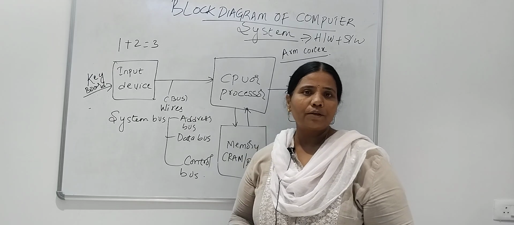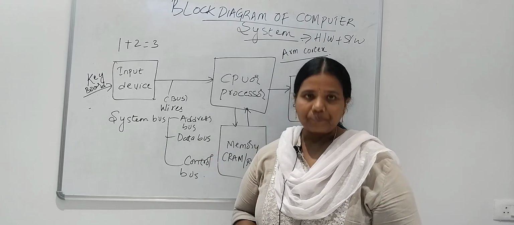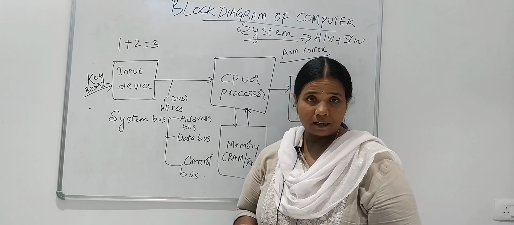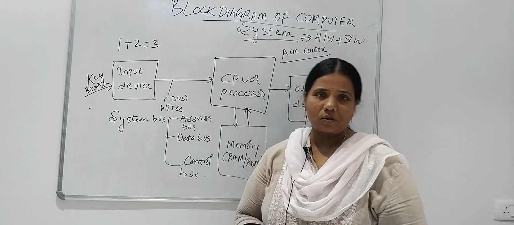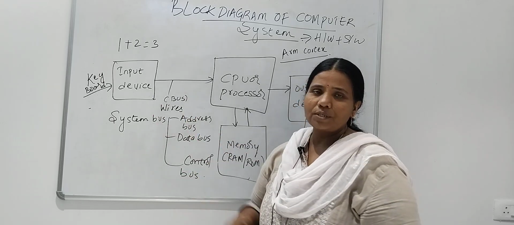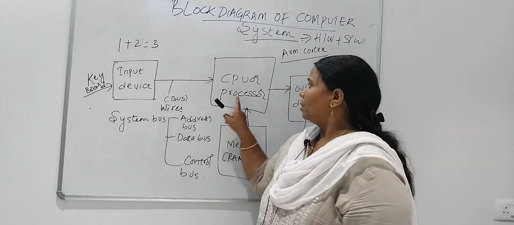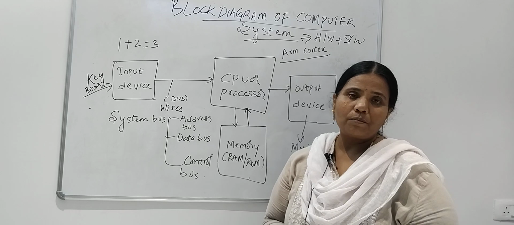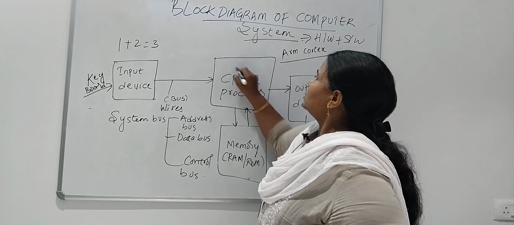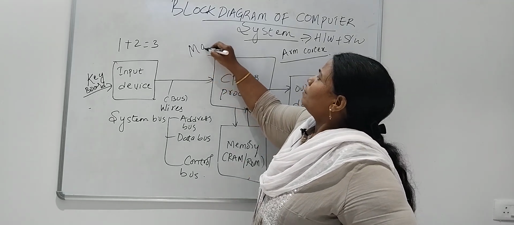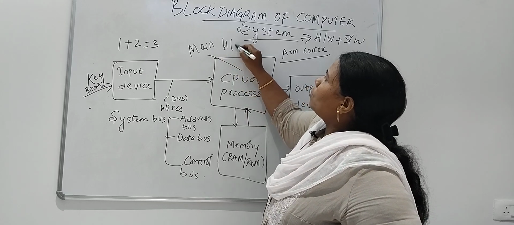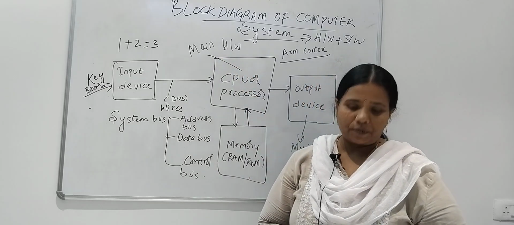You generally make use of a keyboard. A scanner is an input device. A mouse is also an input device. Through those input devices you give the input to your main hardware block, that is the CPU. The CPU is the main important hardware block present in your computer system.